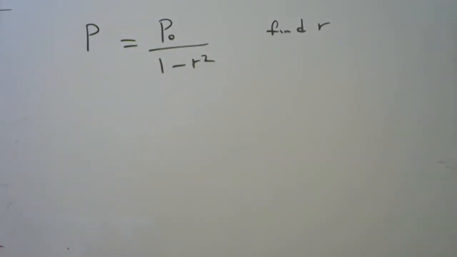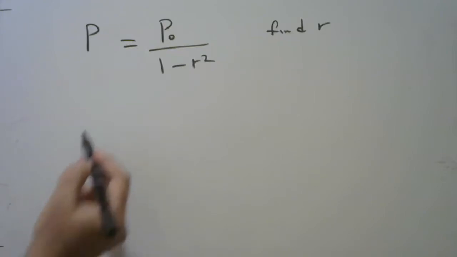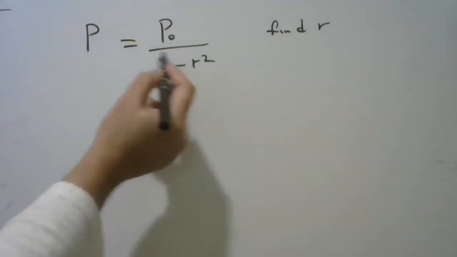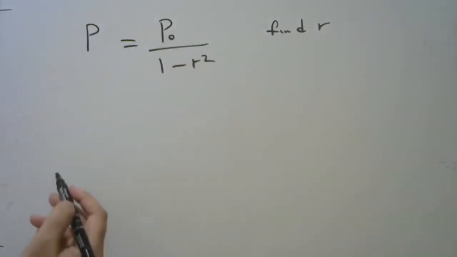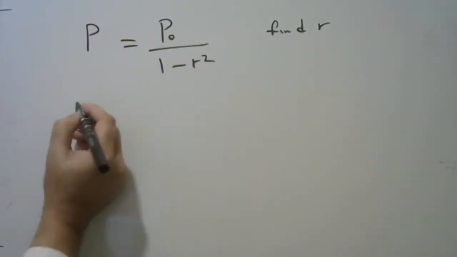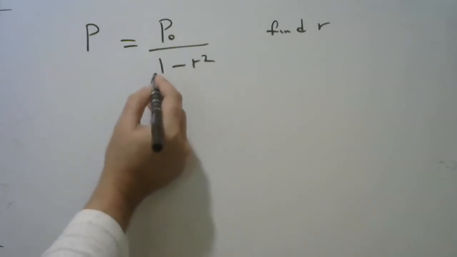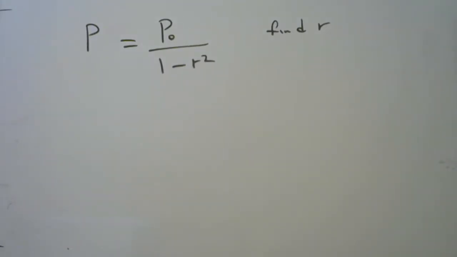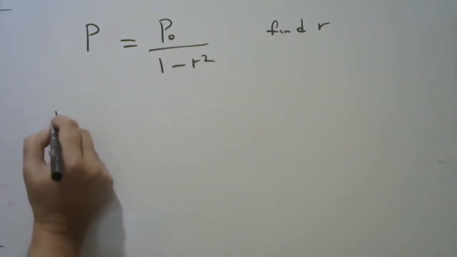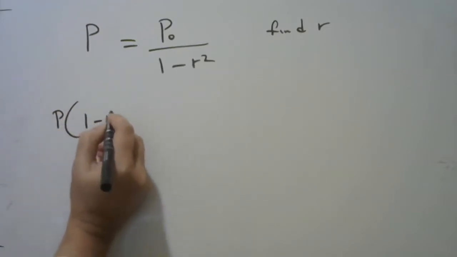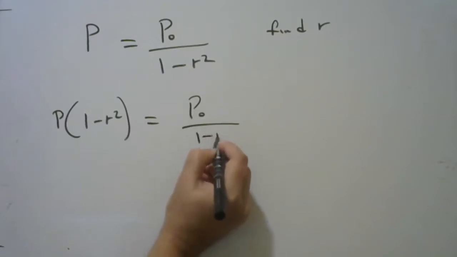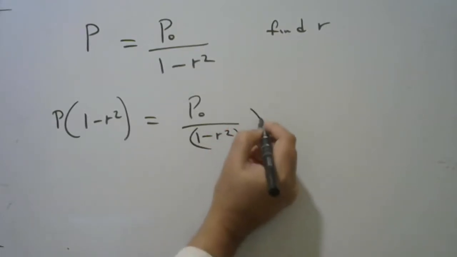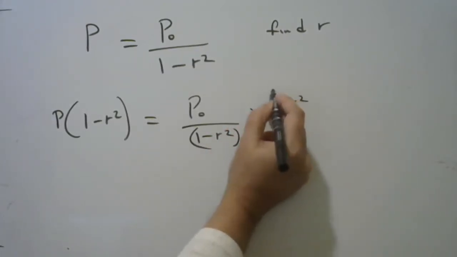Now, the first step here, you want to get rid of anything in the denominator because you want to make it a linear equation. So I can multiply both sides by 1 minus R squared. That will give me P into 1 minus R squared equals P naught upon 1 minus R squared times 1 minus R squared.